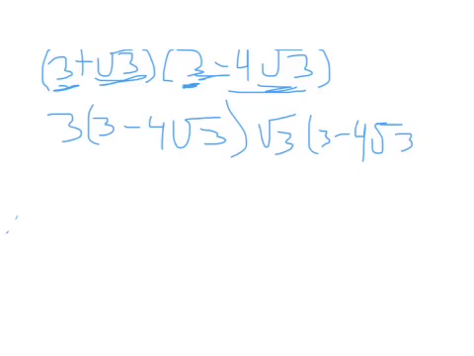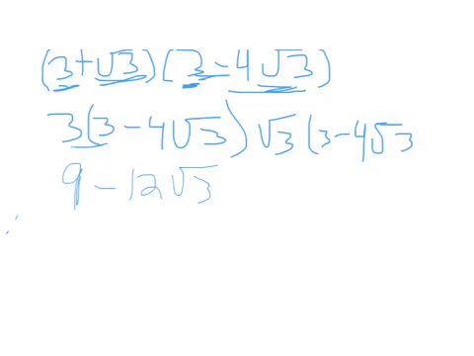So now that we FOILed, we can go ahead and multiply. First we do 3 times 3, which gives us 9. Then we do 3 times negative 4 radical 3, which gives us negative 12 radical 3. The 3 does not affect the radical 3 because they aren't like terms, so we just carry the radical 3 down.